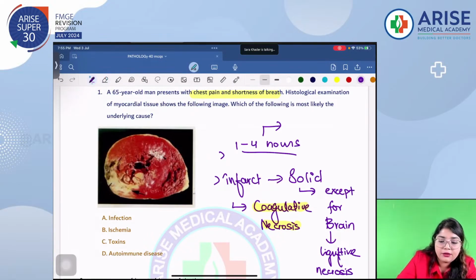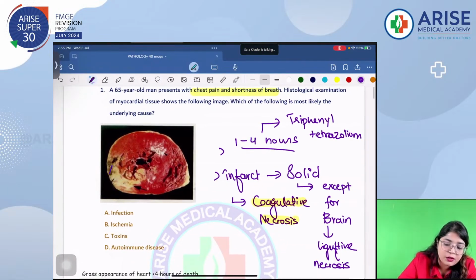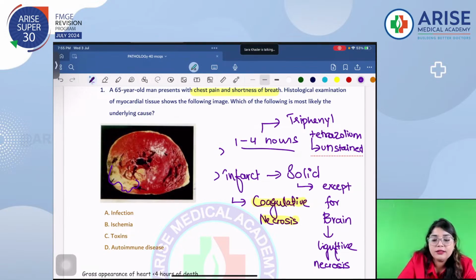Very good. Triphenyl tetrazolium chloride stain, okay, dye. You put it inside that, and then you come to know that the unstained area is the one that has undergone necrosis.